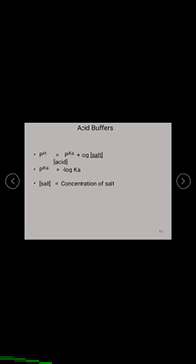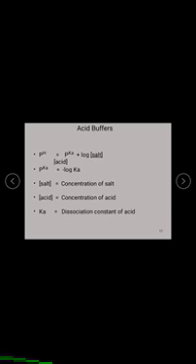Salt in brackets indicates the concentration of salt, and acid indicates the concentration of acid. This can be used for the calculation of pH of an acidic buffer solution.